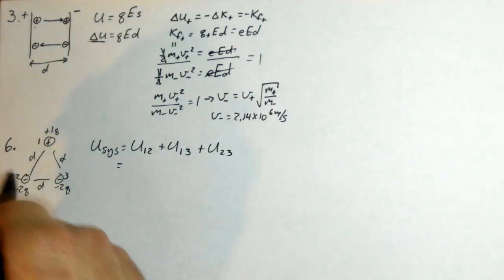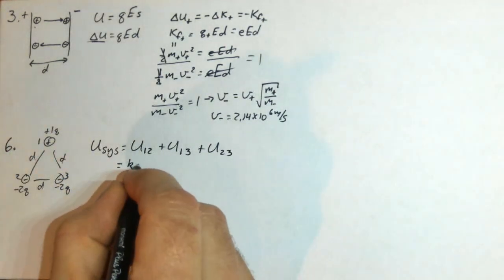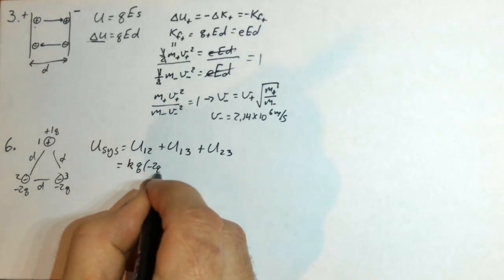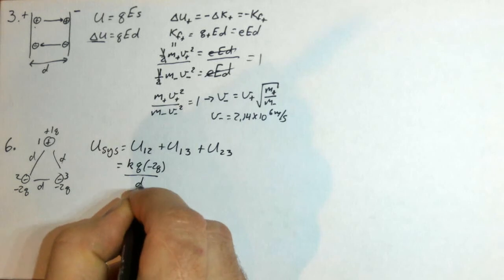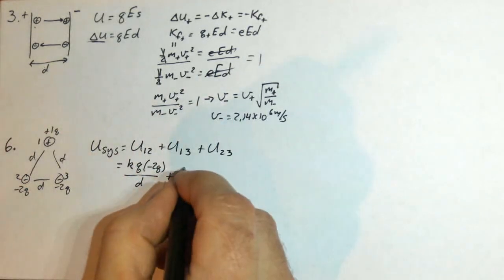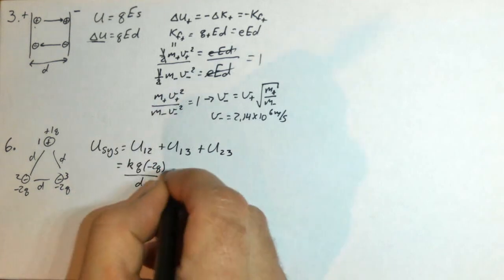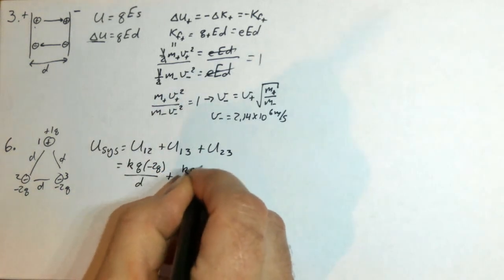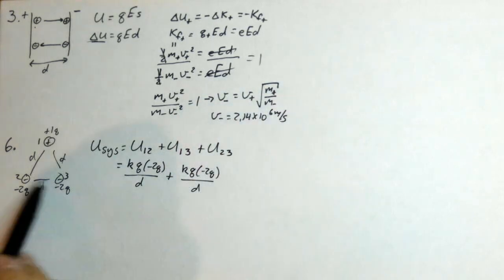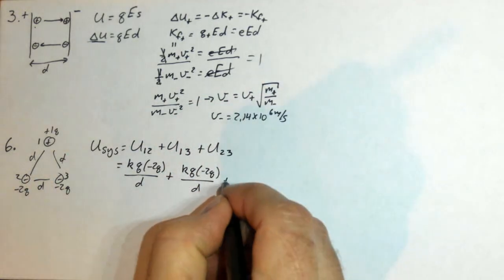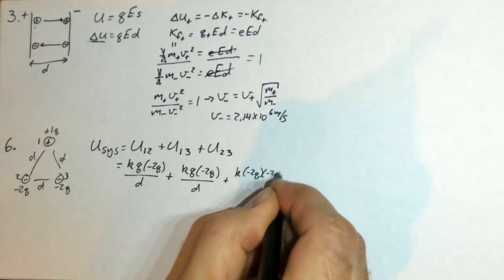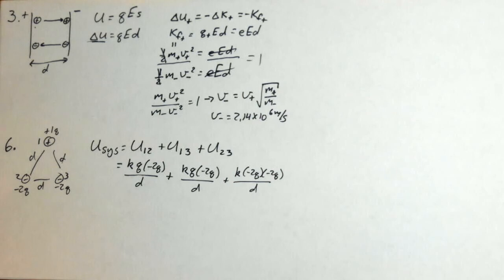So between 1 and 2, that's K, Q, and negative 2Q over D, plus 1 and 3, it's the same thing, so I just have two of them. I'll go ahead and write it separately. K, Q, negative 2Q over D. The last one is between these two, which is plus K, negative 2Q, negative 2Q over D.